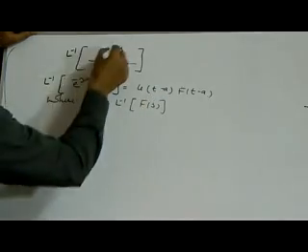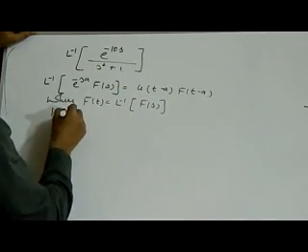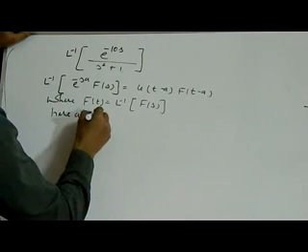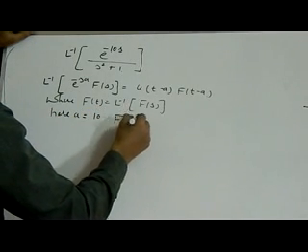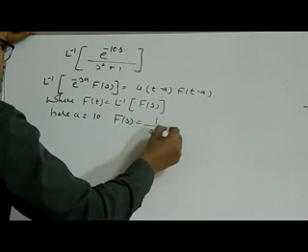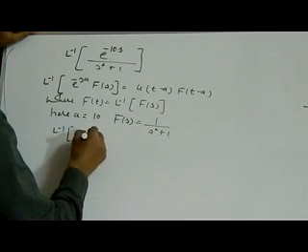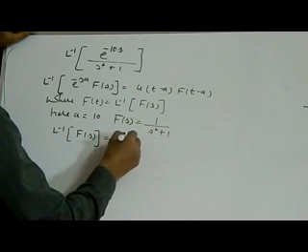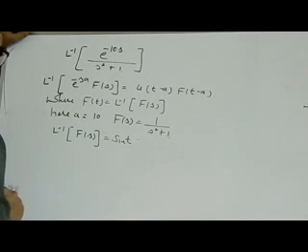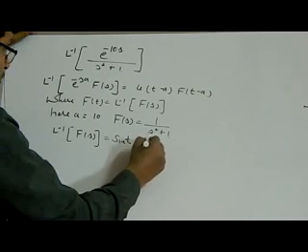So if I compare, here a is 10 and F(s) is 1 upon (s square plus 1), and the inverse transformation of F(s) is simply sine t. Okay, so this is my f(t).